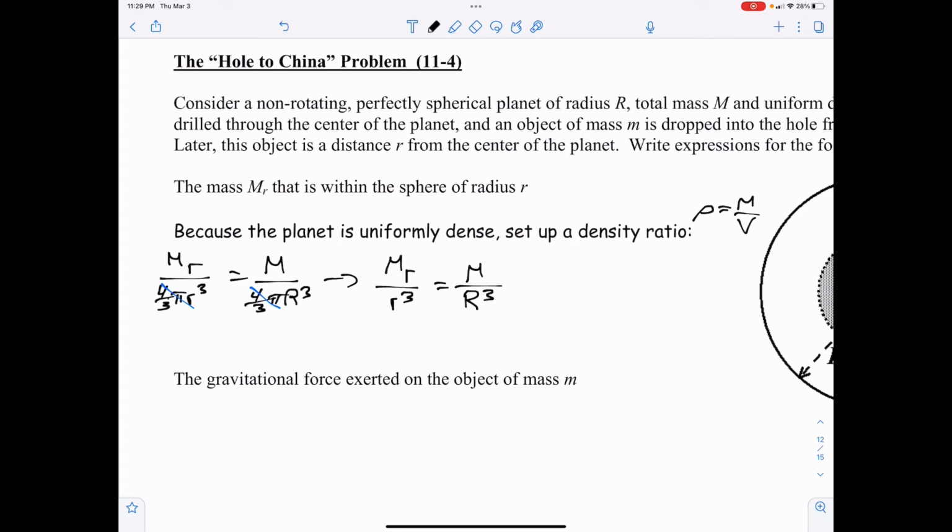And so if we solve for M sub r, it's going to be M times the ratio of the cubes of your radii, which really represent the ratio of your two volumes, if you think about it.